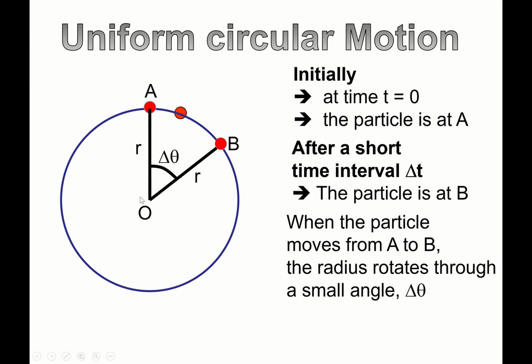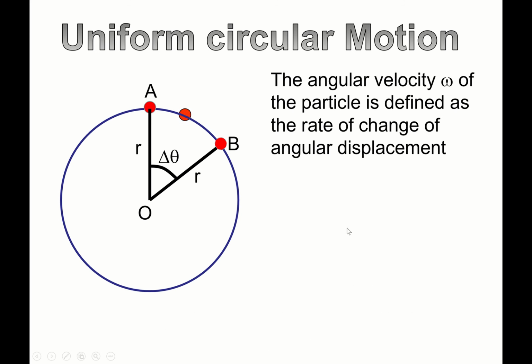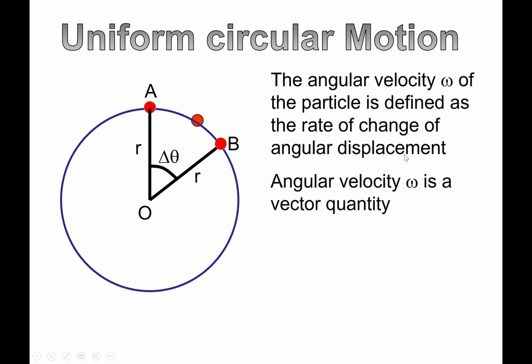So this is the radius and delta theta. The angle delta theta is known as the angular displacement of the particle in the time interval delta t. The angular velocity omega of the particle is defined as the rate of change of angular displacement.